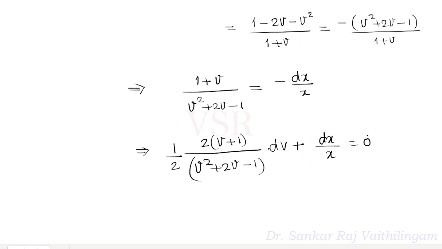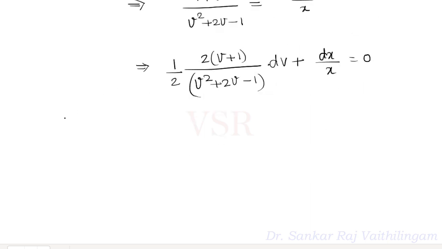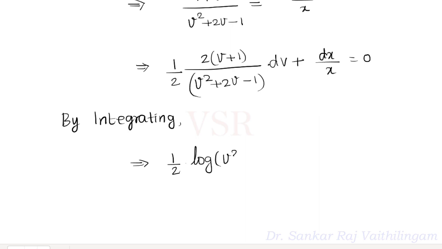Now, shall we integrate? By integrating, what do we get? This implies that 1 by 2 times log of v square plus 2v minus 1, plus log of x, is equal to log c.